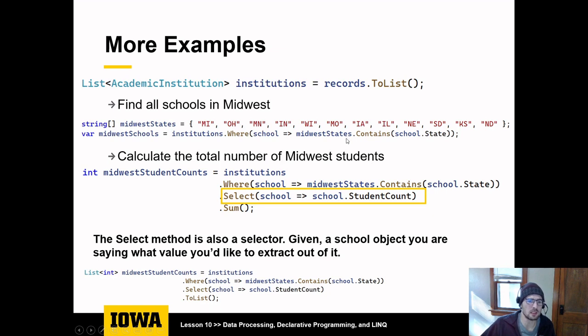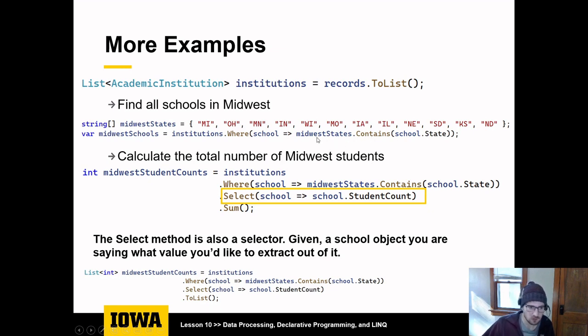And we can use the contains function to determine if a school's state exists in our array of Midwest states. You'll see this contains returns a true or false value, so we can use it in our anonymous function, or our predicate function. Anything that returns a true or false value is good here.